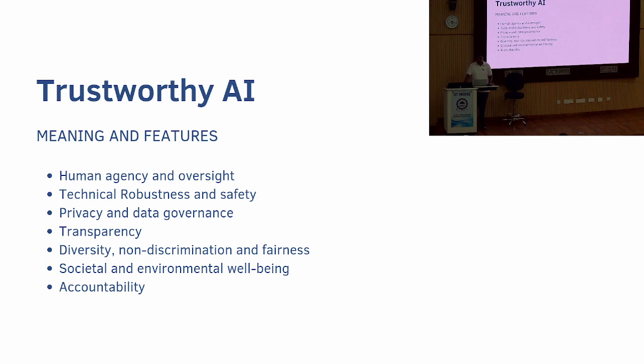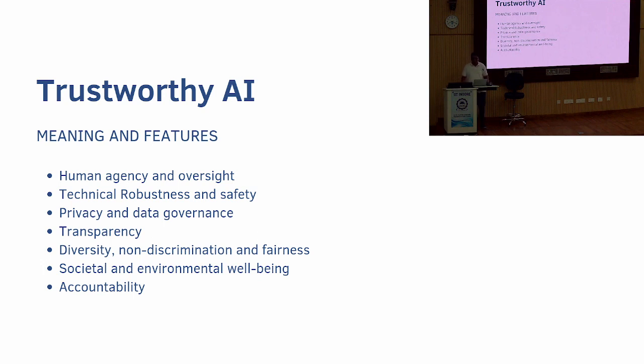Humans need to be aware that they are interacting with an AI system and not a human, and must be informed of the system's capabilities and limitations. That means a model has to be created in such a way that if you complete your assignments using that model, then the teacher has to be capable of identifying that you have completed them using ChatGPT, basically. So that is what transparency is.